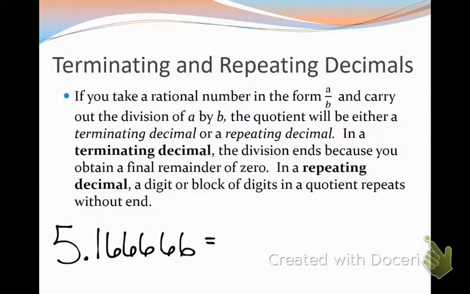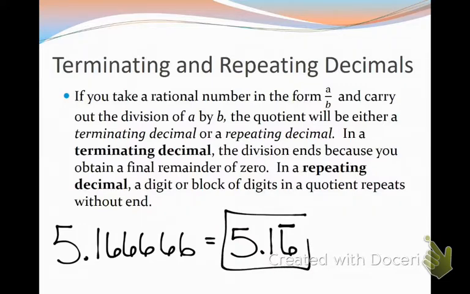So when you write the bar notation, you would say 5.16, but you would only put the bar over the 6. Okay? Because the 1 is not the number that repeated, only the 6. Make sense? So hopefully just a little review for you on the bar notation for repeating decimals. But remember, if it's terminating or repeating, it's still rational.